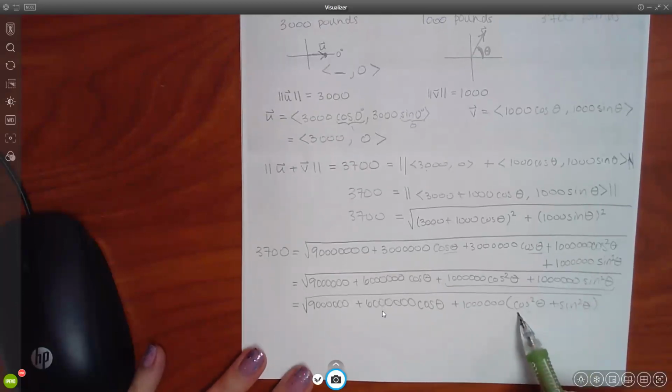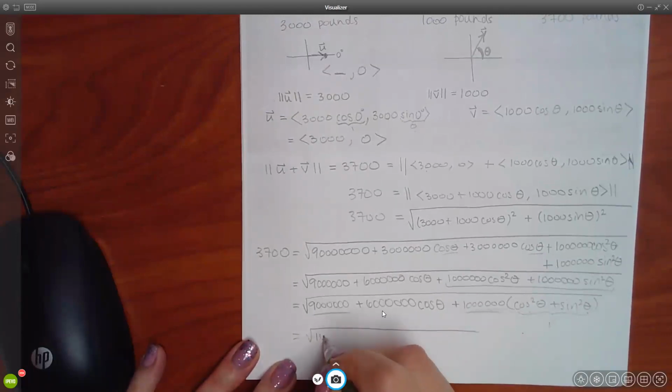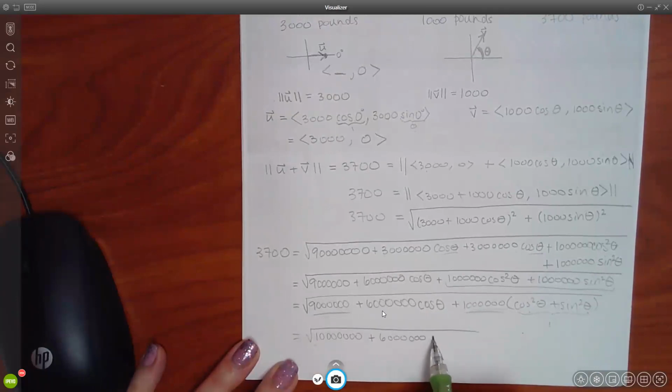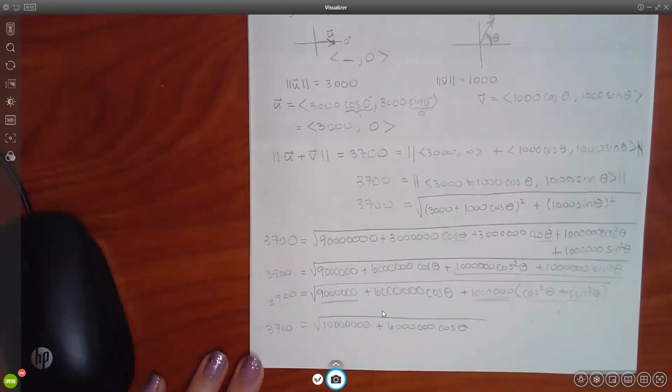What is cosine squared plus sine squared? Just 1. So really I can combine this constant and this constant, which gives me 10 million. So now there's 7 zeros. And I still have this 37 over here on this side that I never did anything with. Okay, it's just still there.